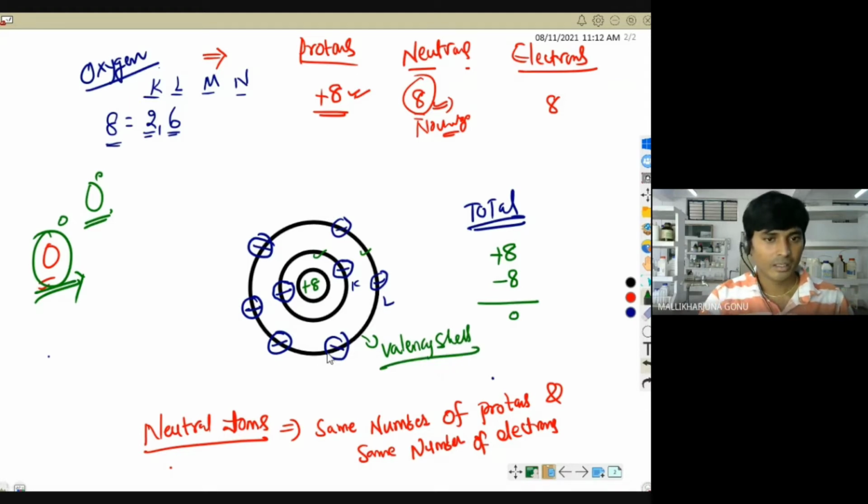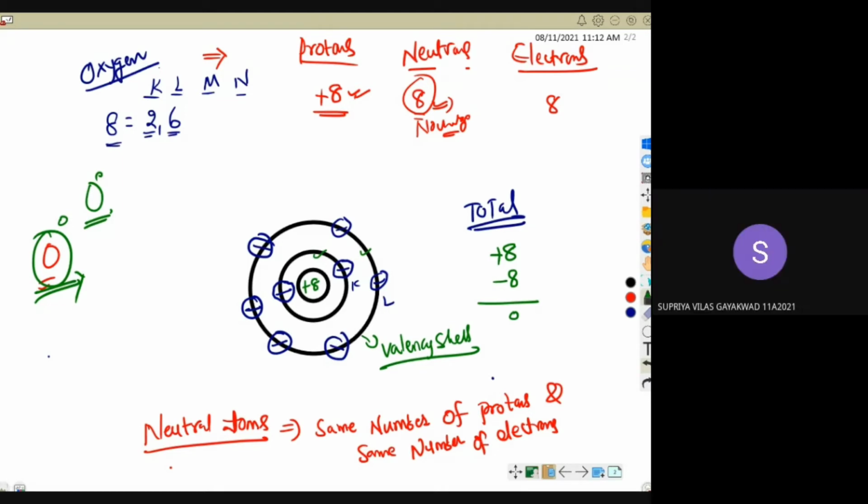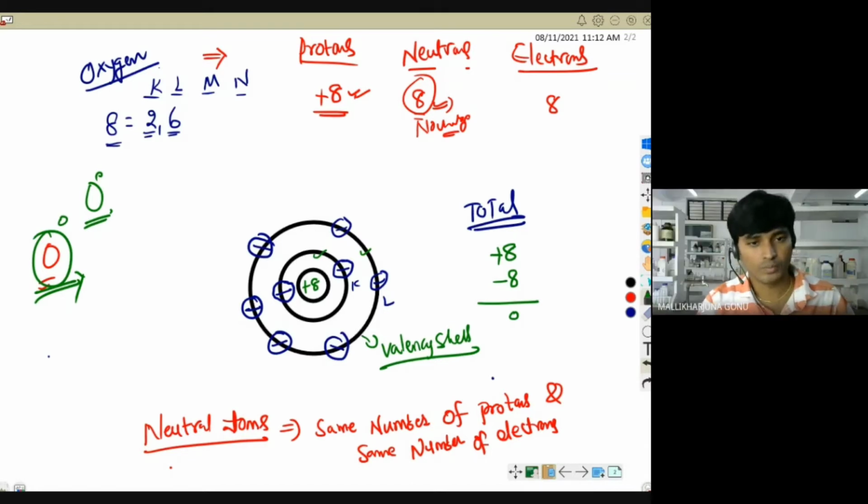So one rule. Which rule says that 8 electrons are to be kept in that shell? Yes, Supriya, what is that rule? Sir, octet rule. The octet rule says that every element wants to keep 8 electrons in the outermost shell. If it is nearby 10, or nearby 20, such cases.